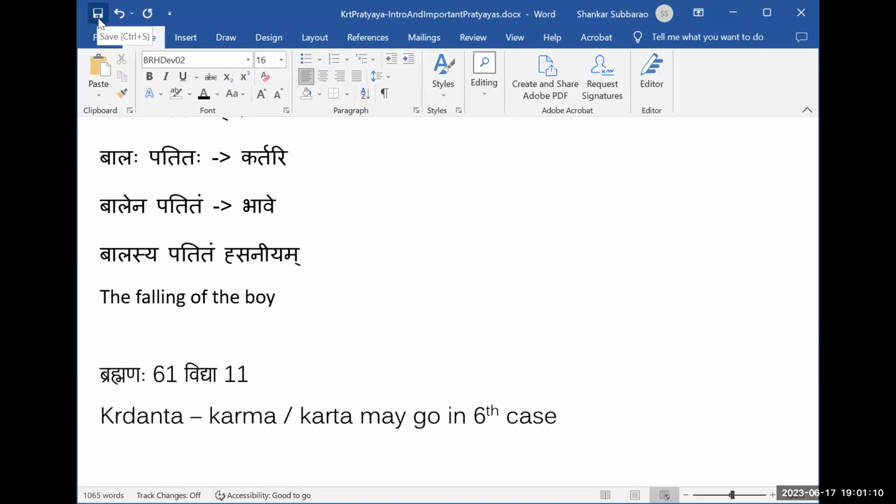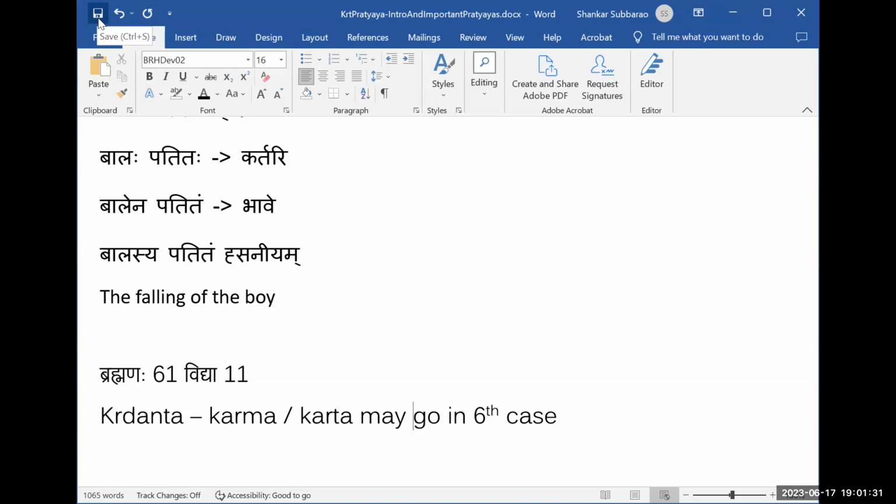To understand all these, you either study Panini or it won't enter your heads. It will be very difficult to make this understood. But Panini will give you one sutra, one rule, and give exception: rule, exception, exception to exception, exception to exception to exception. That's how these have to be understood at some point.